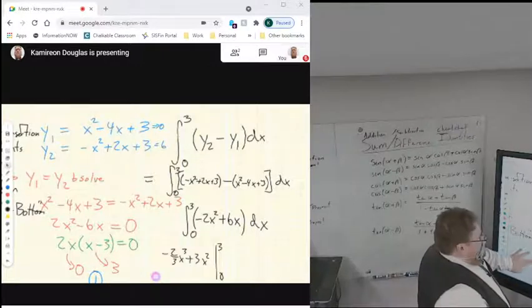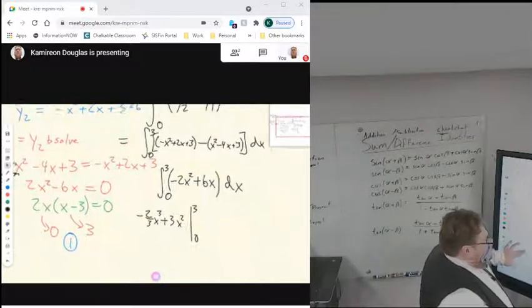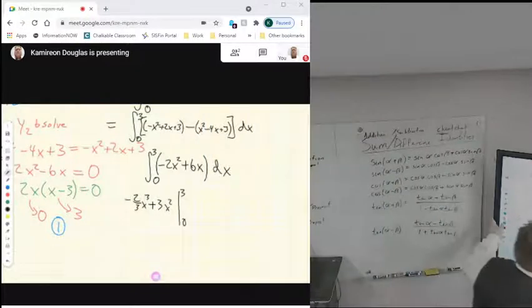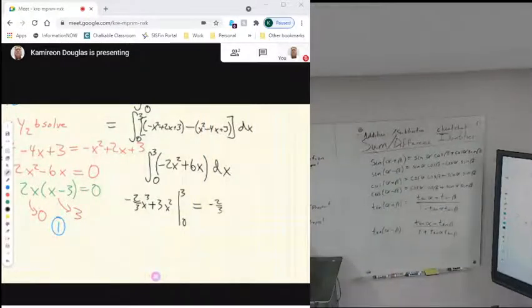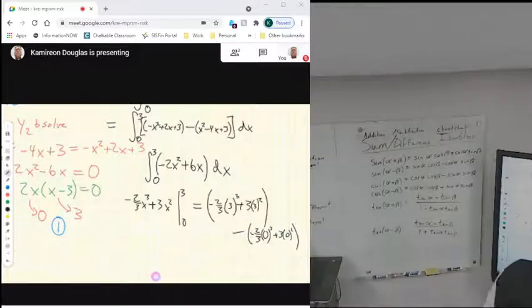As a reminder, when doing a problem like this, I take the top value and plug it in first. So I do negative 2/3 of 3 cubed plus 3 squared, minus negative 2/3 of 0 cubed plus 3 times 0 squared. And we simplify.